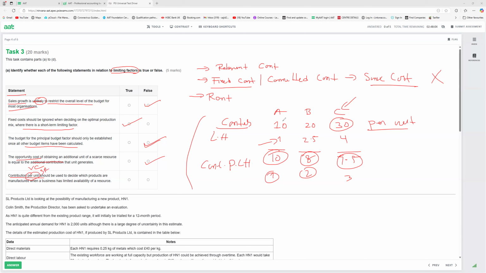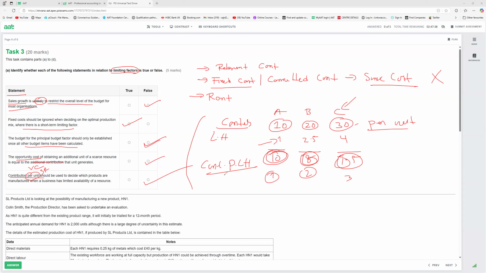Remember that contribution per unit for A was 10, B was 20, and C was 30. But we didn't consider that. We considered this one, contribution per scarce resource. So that's why we say we need to make A first, then B, then C, not C first, even though C gives the highest contribution per unit. We do not consider contribution per unit. We consider contribution per limiting factor. So we said this is also false.